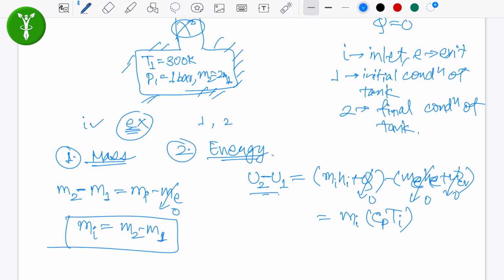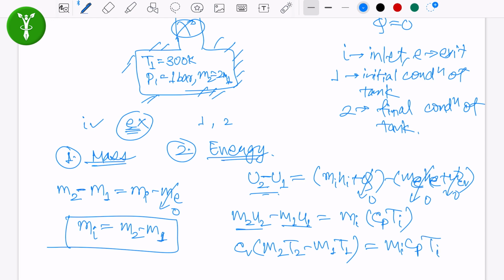Now this will be m2 u2 minus m1 u1. What we can do, we can further simplify. We can write u equal to cvT, so that will become m2 T2 minus m1 T1 is equal to mi cp Ti.